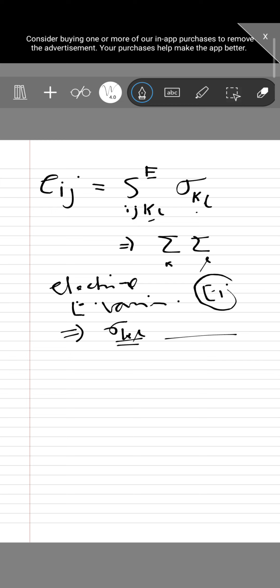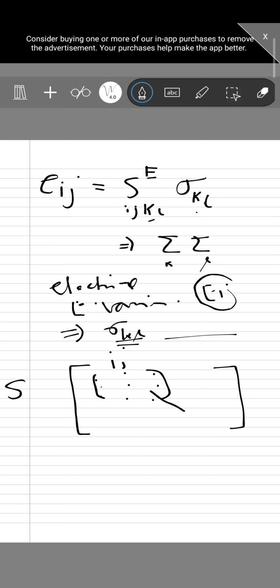That is why, in the matrix represented by S, apart from the usual Sij, we are only considering the diagonal elements, which are due to the change in the electric field.